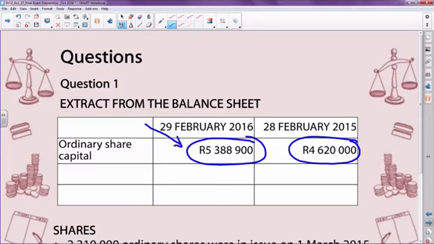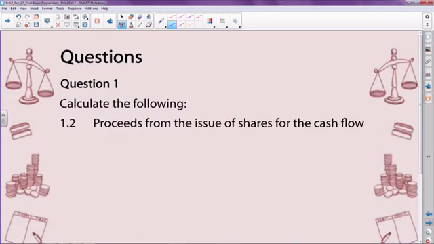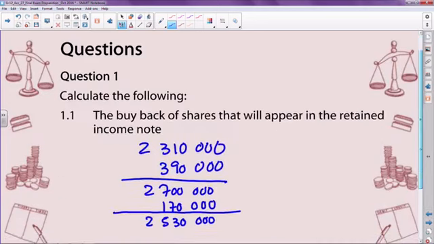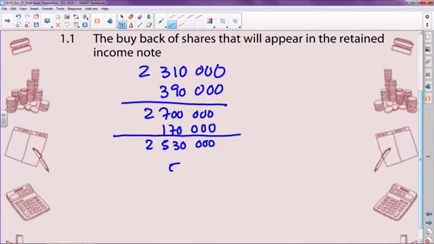Now, what is important here, extremely important, is the fact that we are given the balance of our ordinary share capital on the 29th of February. That is representative of how many shares? Clearly you can see the 5,388,900.